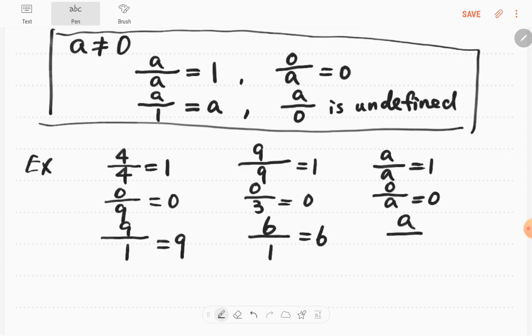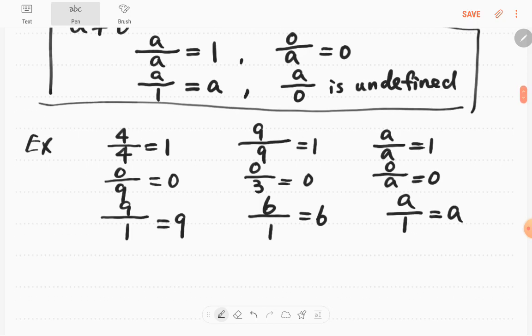Then that's the property: A over 1 is equal to A. And the last one is any number over 0 is undefined.